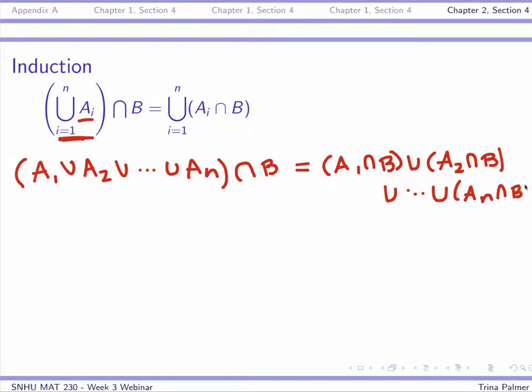So the common mistake on this type of question is, well, we have a theorem that just says we can distribute across the sets, but we don't exactly have that.